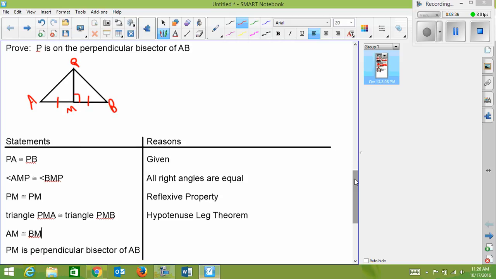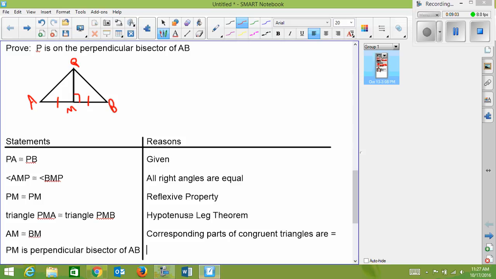So AM is congruent to BM. And what am I going to use there? It's not really a theorem, but it's a thought process that corresponding parts of congruent triangles are congruent.